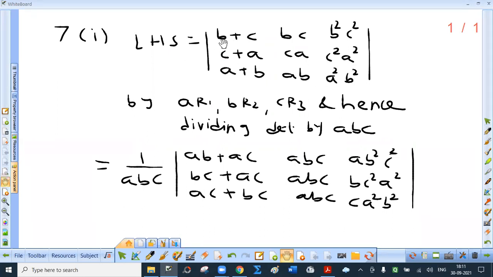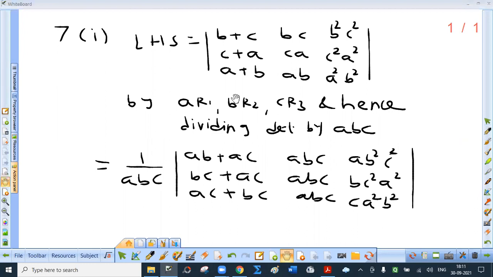Common sense, because that gives me abc here, abc here, abc. Now, when you multiply three rows by a, b, c respectively, the value of the determinant becomes abc times, and therefore I have written aR1, bR2, cR3, and hence divided the determinant by abc.